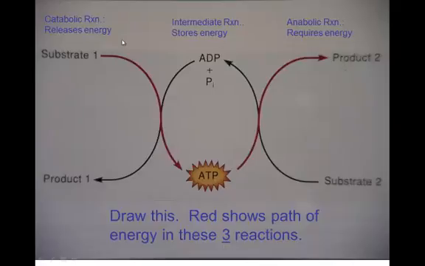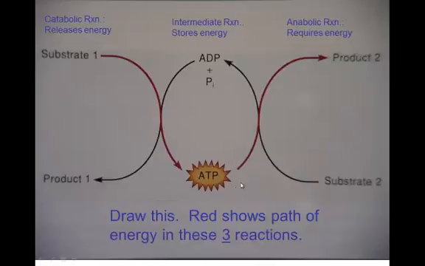What is interesting in the way that these reactions are illustrated here is that this red line traces the energy. So there is energy in the reactants or the substrate of the catabolic reaction, and as that catabolic reaction proceeds and bonds are broken, energy is released. That released energy is used to power the intermediate reaction of ADP plus P. Remember, that also requires plus energy, and the energy comes from the catabolic reaction, forming ATP.